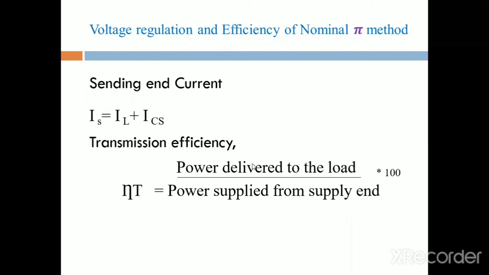That is VR IR cos phi R. What is the power supplied? Power supplied is equal to power delivered plus line losses, that is VR IR cos phi R plus line losses. Then we obtain the efficiency of a nominal pi type of transmission line. That is the formula for the efficiency in the case of the nominal pi method.